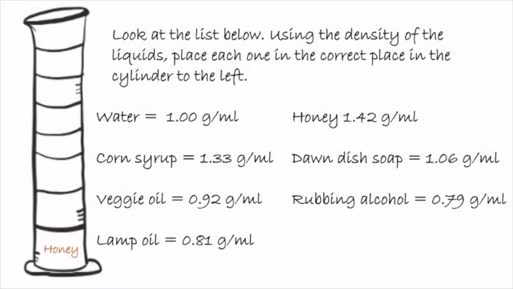So the highest density, which would be at the bottom, is honey, followed by corn syrup, Dawn dish soap, water, vegetable oil, lamp oil, and finally, rubbing alcohol.